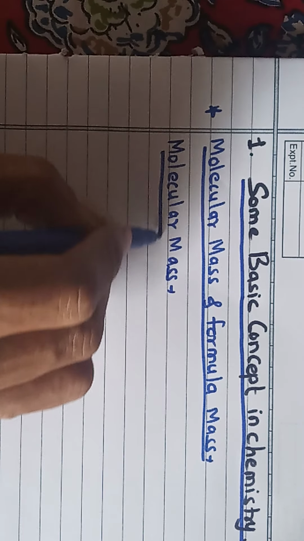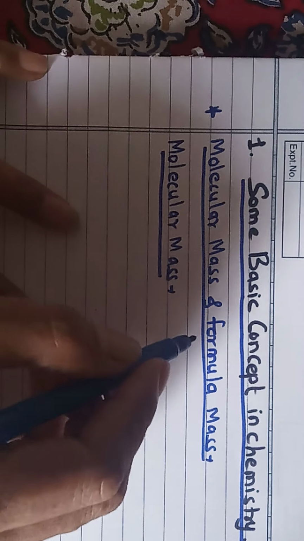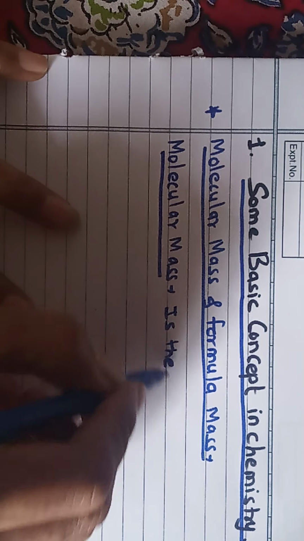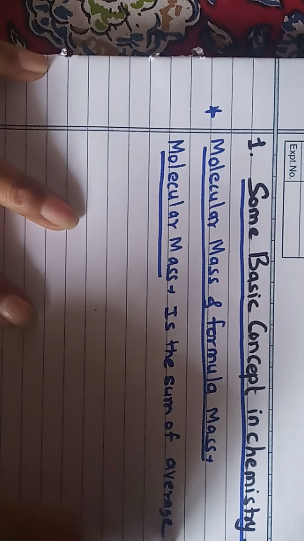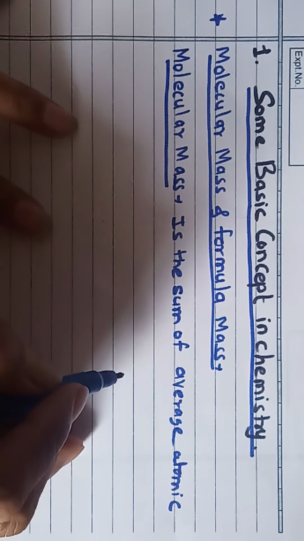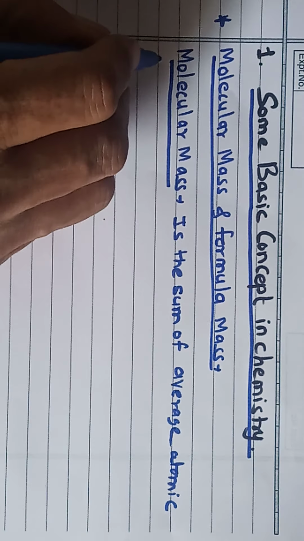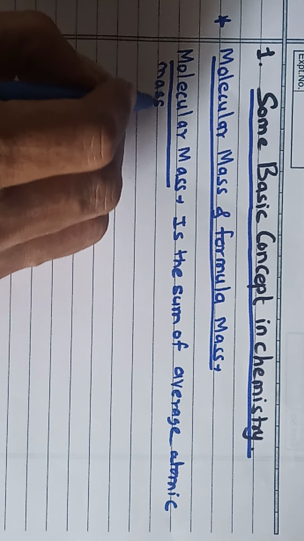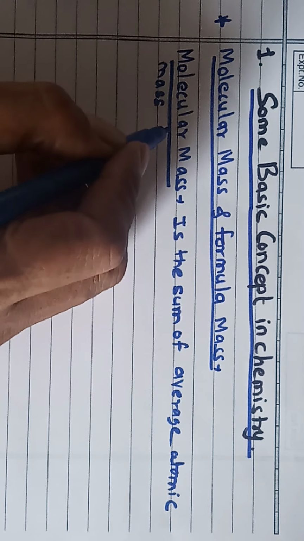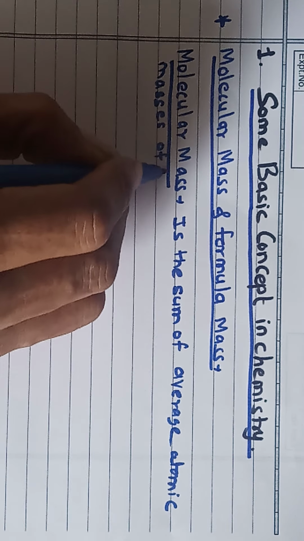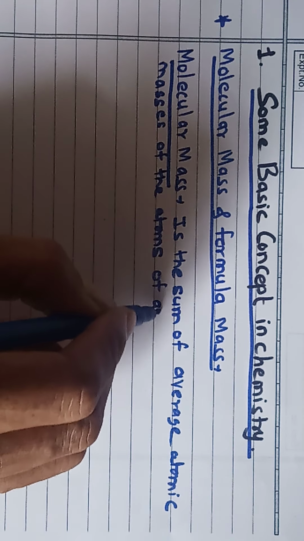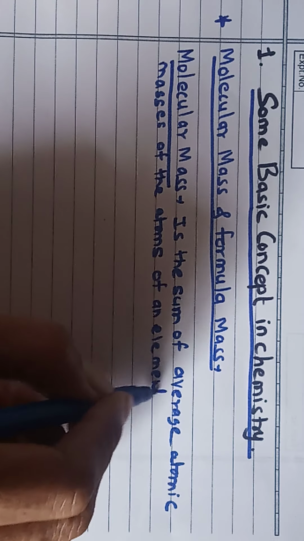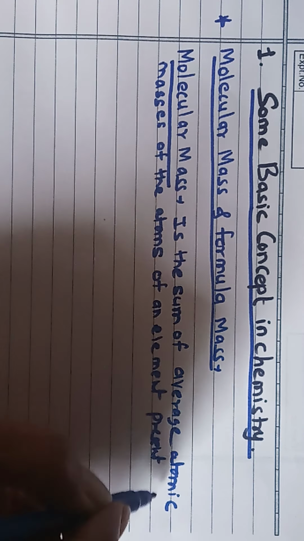Molecular mass is the sum of average atomic masses of the atoms of an element present in the molecule.